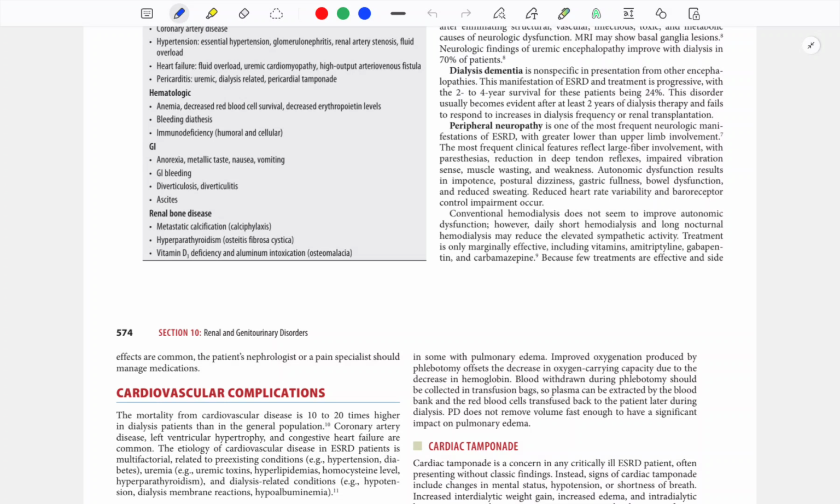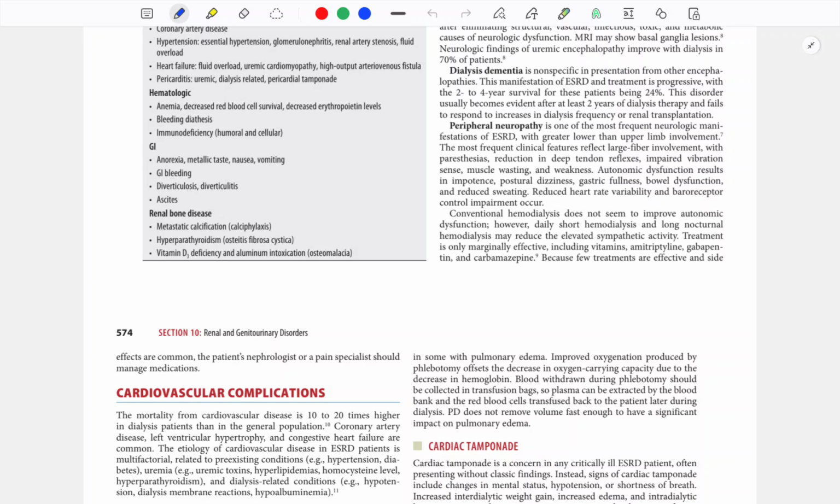It can calcify small vessels, resulting in finger and skin necrosis, and calcify the cardiac and pulmonary vessels. How we treat it is sevelamer, like phosphate binding gels, and low calcium dialysate.